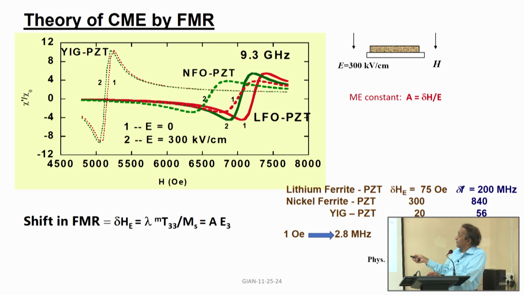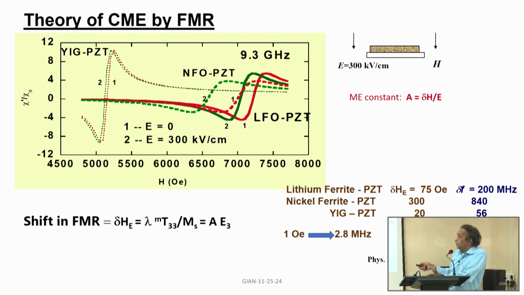Okay. So for these 3 systems, for a field of 300 kilovolts per centimeter, the shift for lithium ferrite is 75 Oersted. So the coefficient for the converse magnetoelectric effect is shift divided by E. So that's 75 Oersted divided by 300 kilovolts per centimeter.